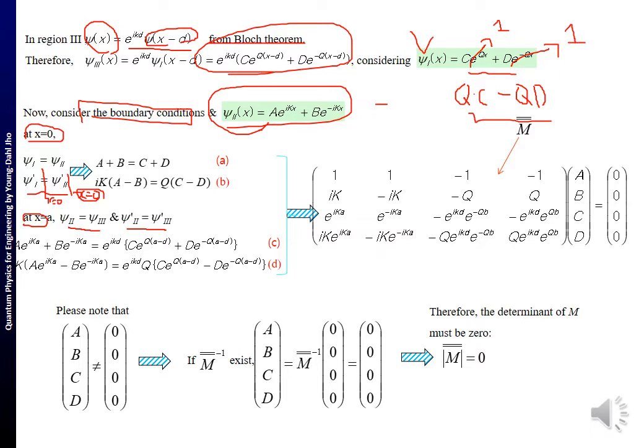So we apply the boundary condition at x equal a, and then we have this one. We take the derivative here. Then ik and minus ik should be multiplied, and x is replaced by a, then we have this one.